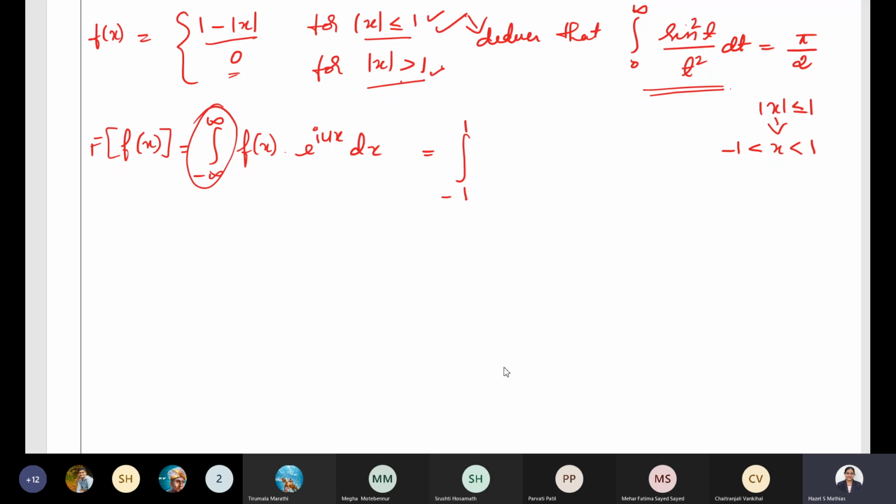For mod x greater than 1, it is 0. So we need to consider the limits minus 1 to plus 1, of f of x, 1 minus mod x, into e power iux dx. So this is what we get.